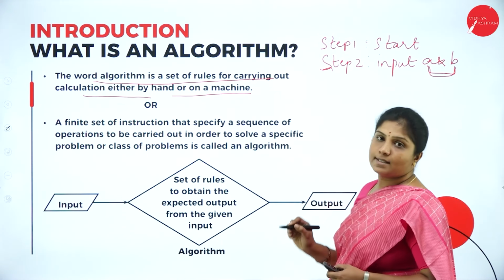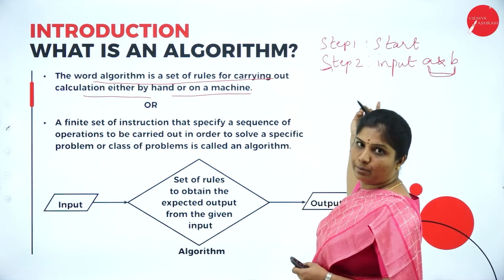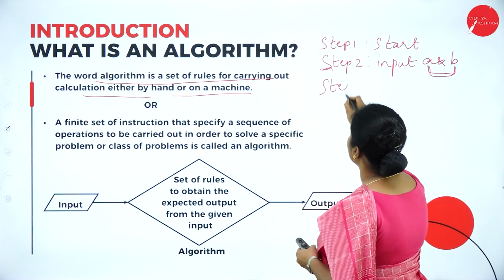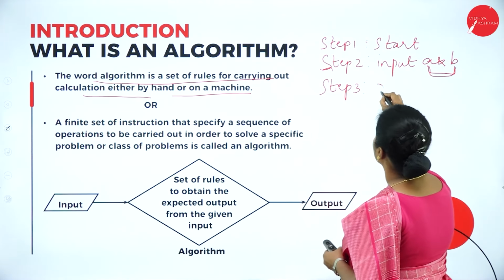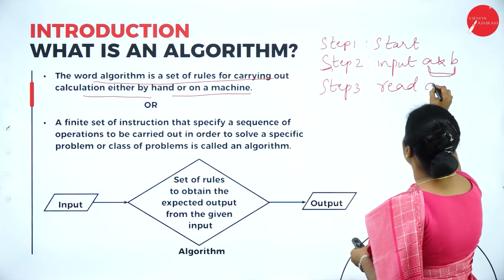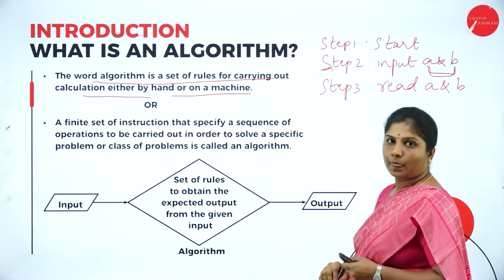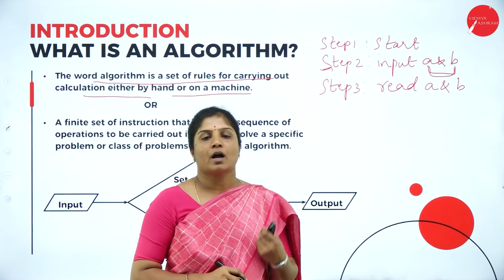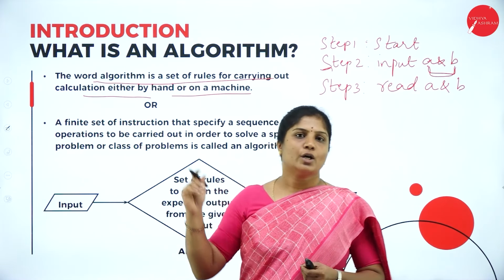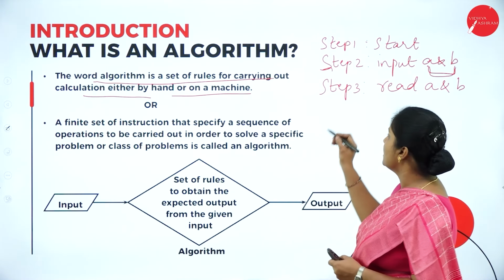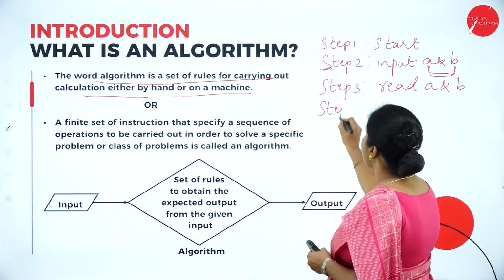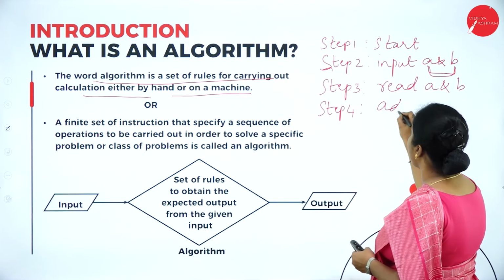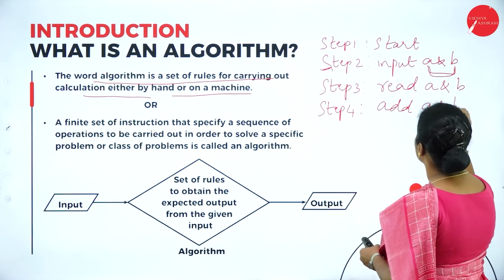After taking A and B, I need to read them. So in step 3, I am reading A and B. After reading, what is my problem? I need to find the addition of two integers, isn't it? So in step 4, I am performing the addition operation, that is, add A and B.